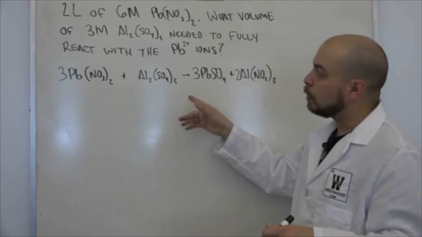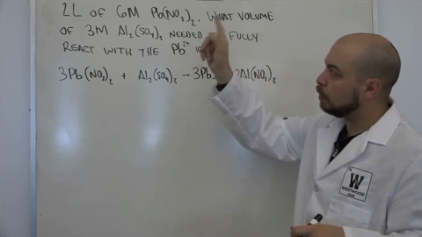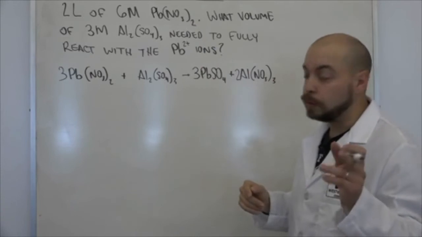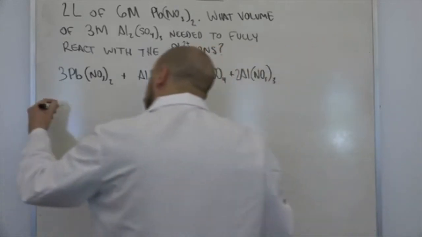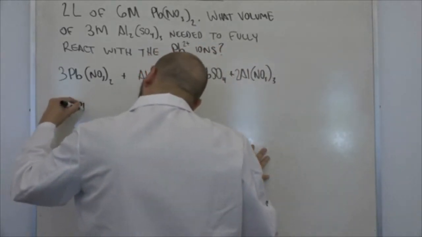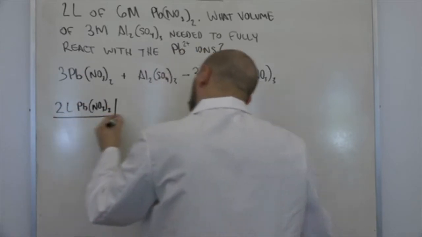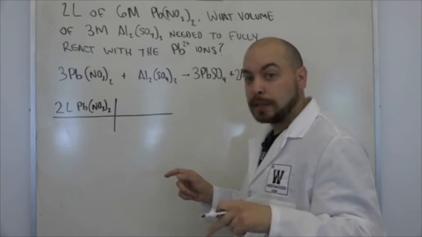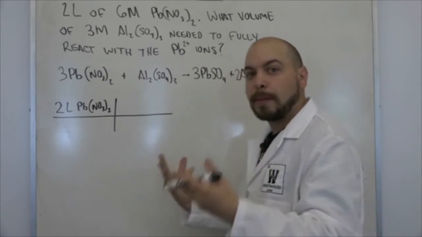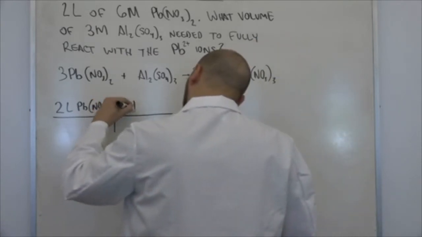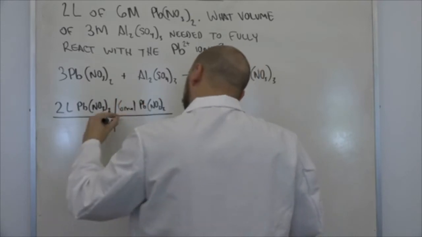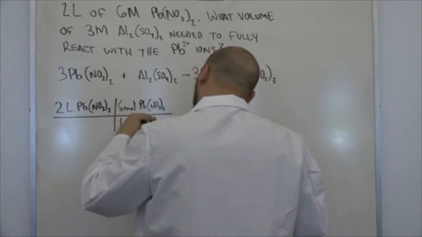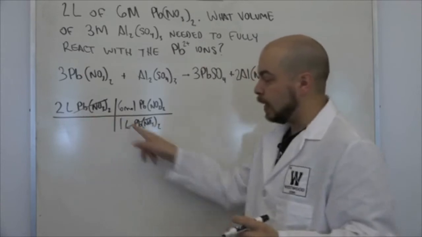So what I'm going to do is I'm going to start with what I'm given. 6 molar lead nitrate, and we've got 2 liters of it. Remember, molarity is in moles per liter, so we need to cancel liters. So what we're going to do is effectively multiply by our molarity. That allows us to cancel our liters unit.